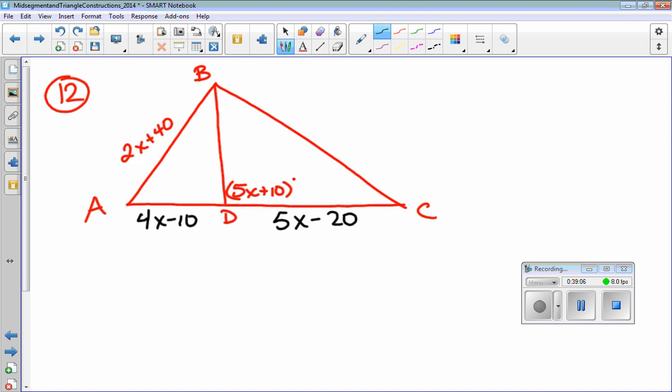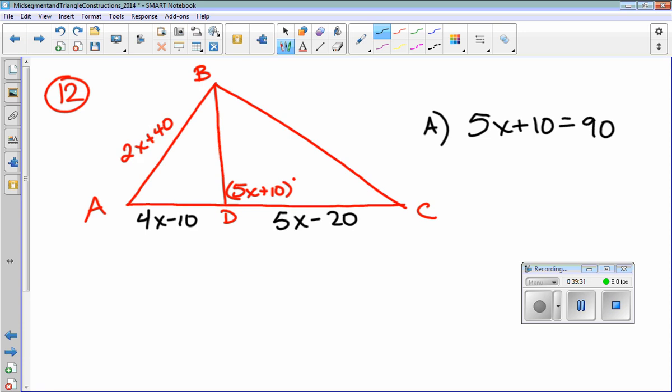That BD, the angle, wouldn't that be... Perfect. So the equation that I want you to put for 12a is that this angle, if BD is an altitude, then 5x plus 10 is equal to 90. Agreed? That's what an altitude is. An altitude is a segment that is perpendicular to the opposite side. And then I'll have you solve for x.